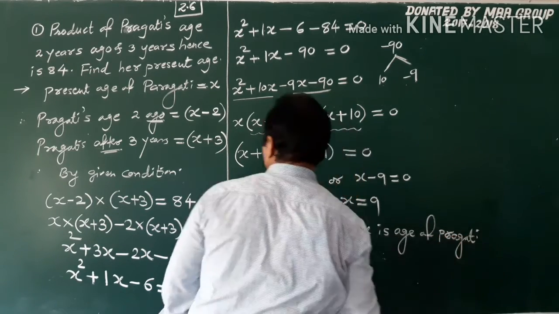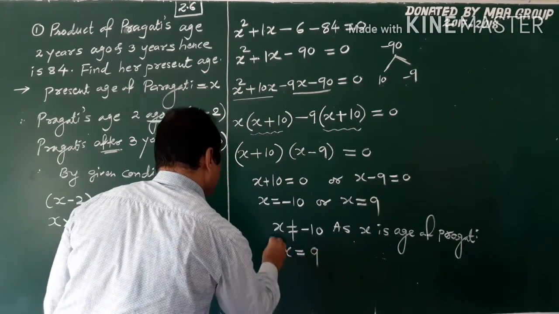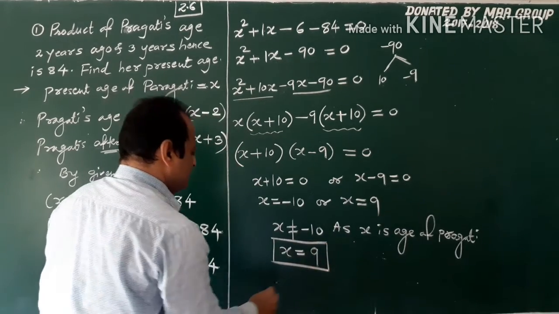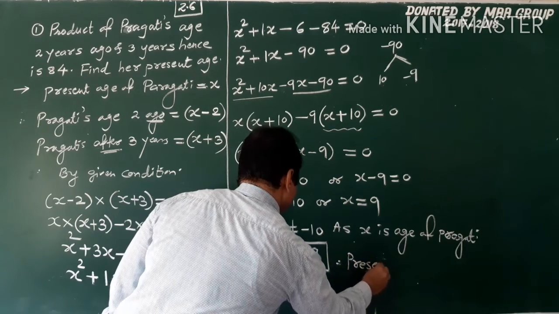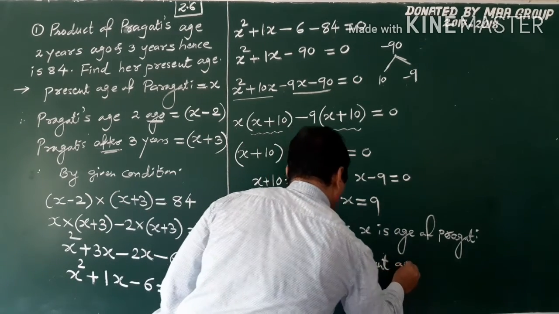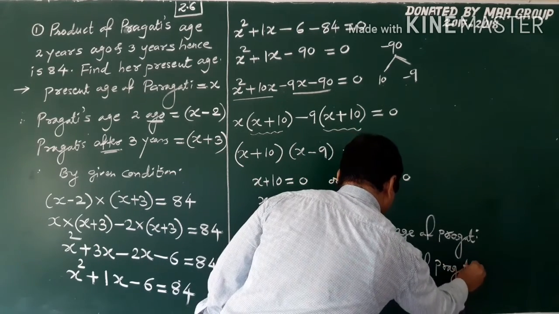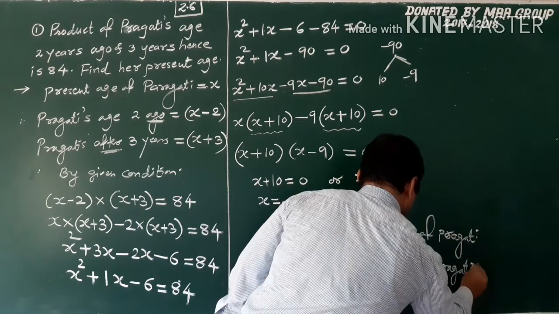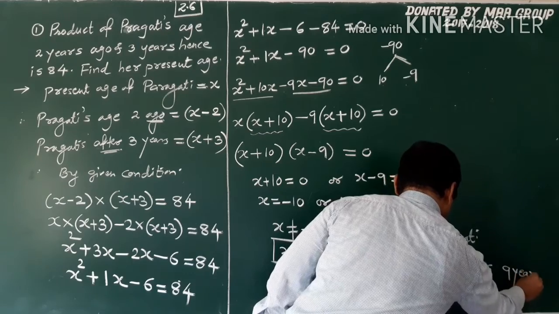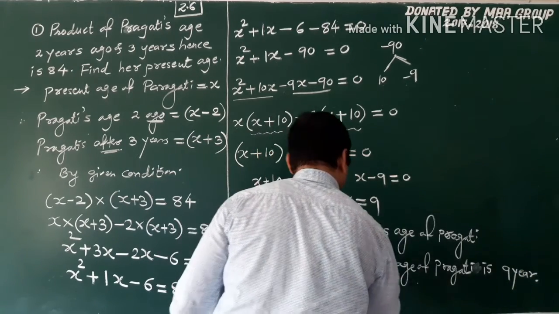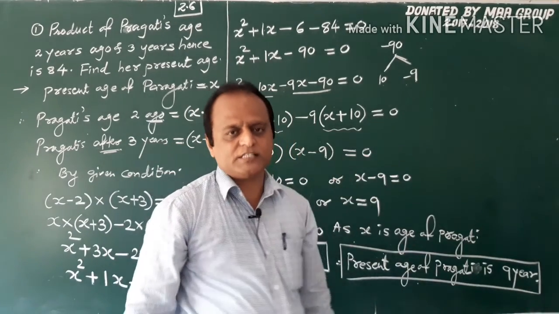Therefore x is equal to 9 will be our answer, and we write the final answer: the present age of Pragati is 9 years. In this way, we have completed our first example. Hope you understand. Okay.